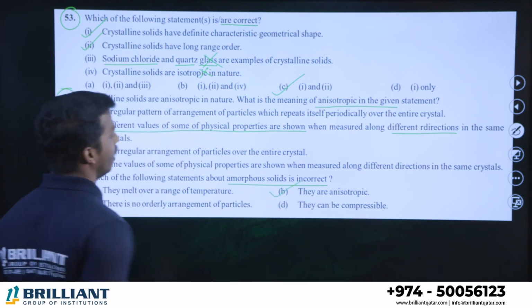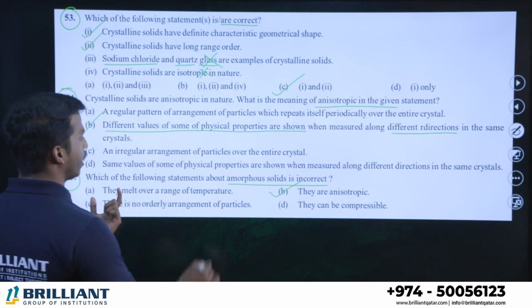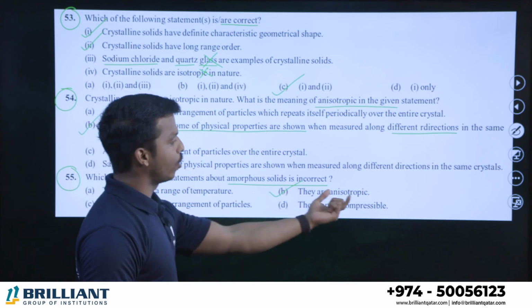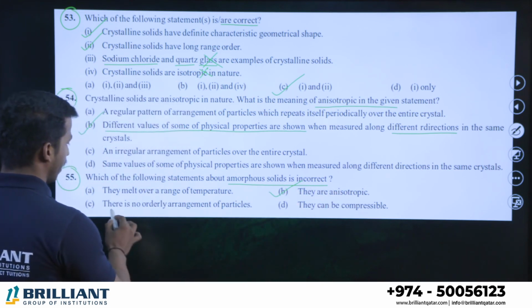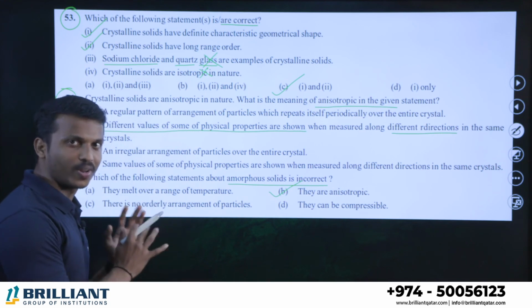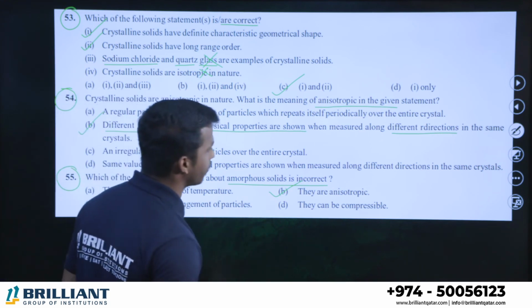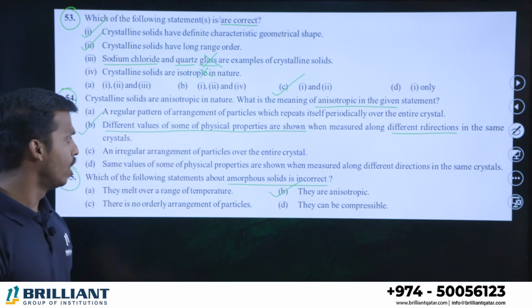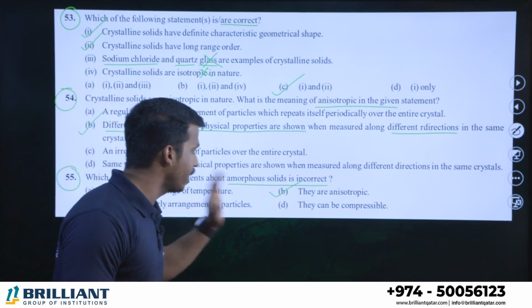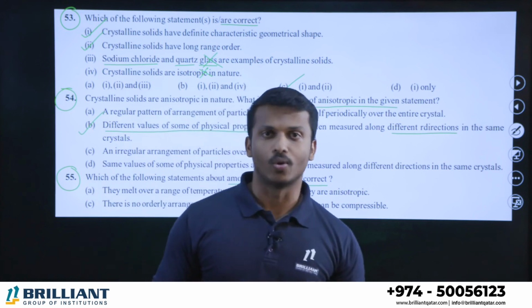No, dear student, the question is related to amorphous solids. Amorphous solids are isotropic. They are not anisotropic. There is no long range order arrangement. Amorphous solids have short range order. Correct one. They can be compressible. Right. So the answer for question number 55 is option B from the chapter solid state.